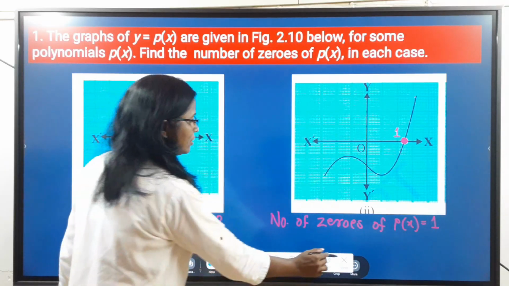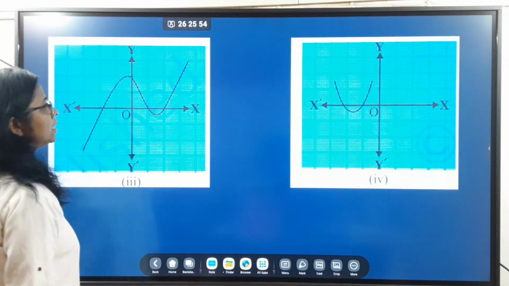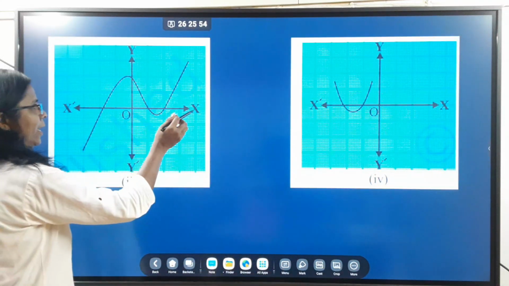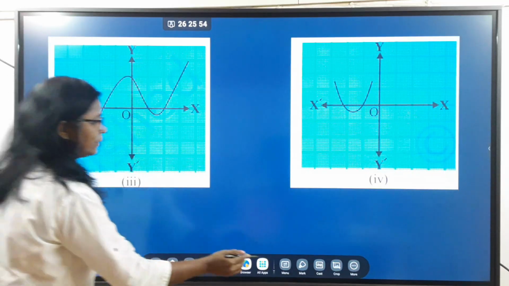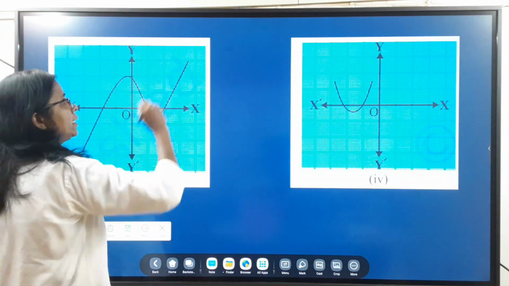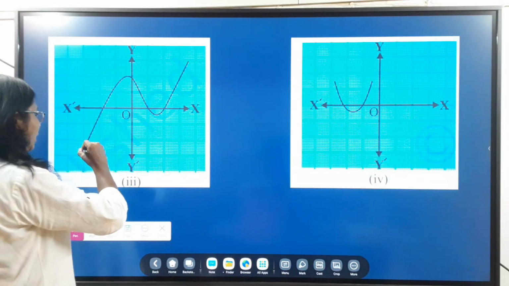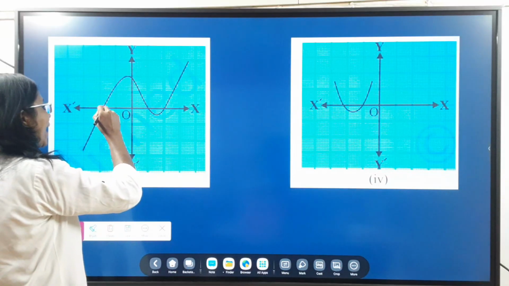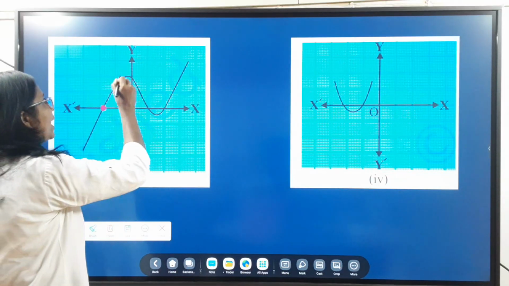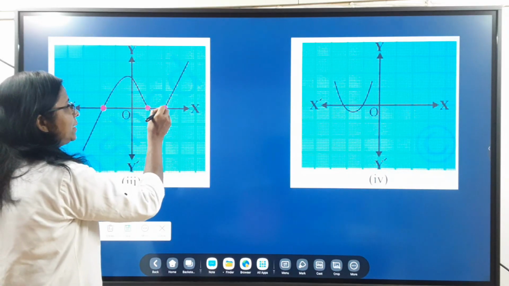Okay, so now see the third example. Carefully observe this graph students. Here, other than the x-axis and y-axis, there is a third line. This is the curved line students, and this line represents the polynomial p of x. Now here, this line intersects the x-axis at this point, as well as at this point, and at this point.